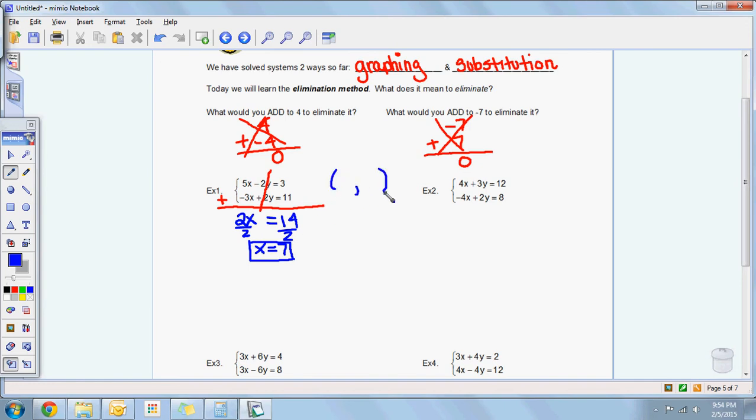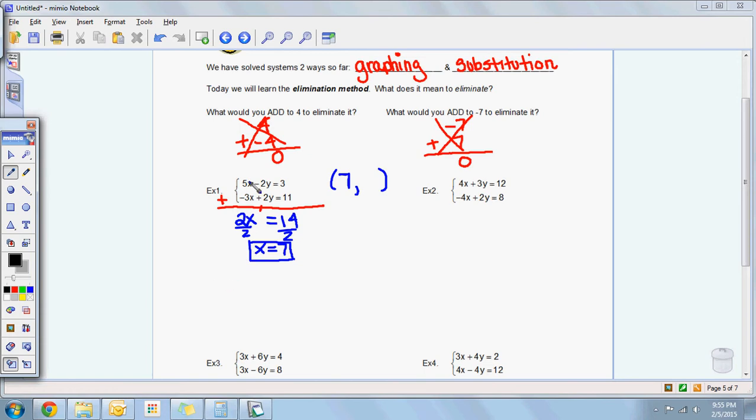So remember, when you're solving systems, you got to have an x and a y value. So we found our x value. So now we need to use a strategy to try to figure out what the y is. Now what you're going to do is you're going to look back at your two equations, and it doesn't matter which one, okay, it's up to you, but you're going to substitute that x back in to solve for the y.